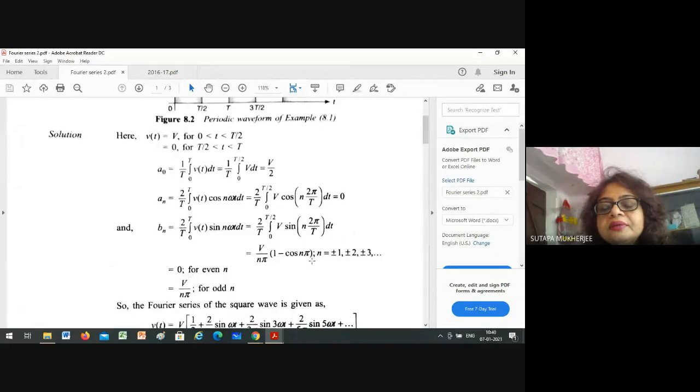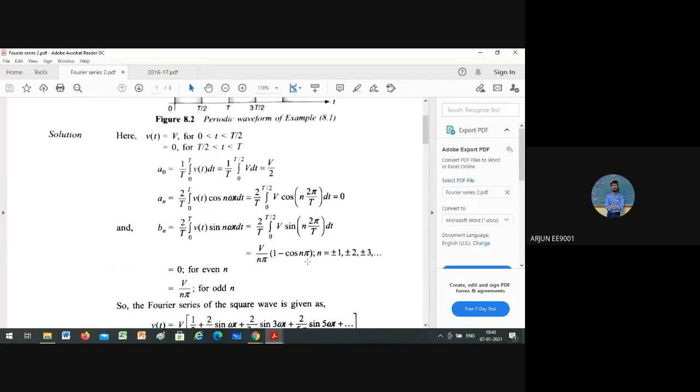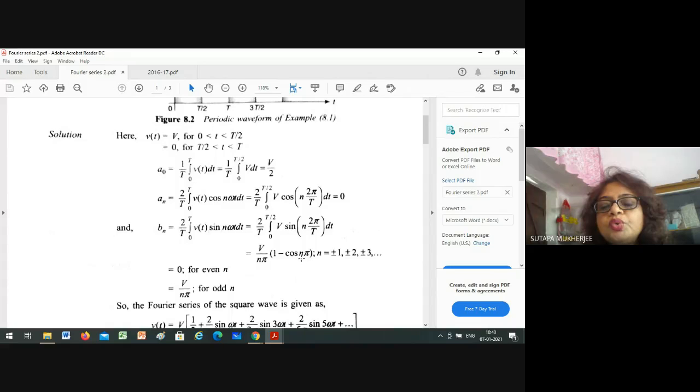Even means? Yes, ma'am. n is even means n is 2, cos 2 pi, right? Or 4, cos 4 pi, the value will be 0. And for odd value, say cos pi, what is the value of cos pi when n equals 1?